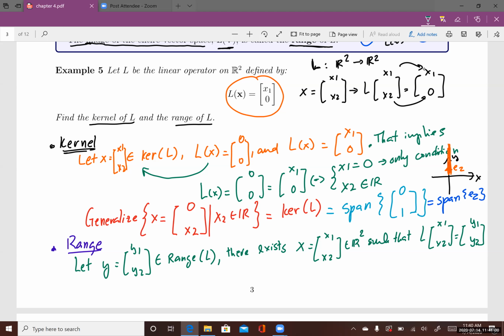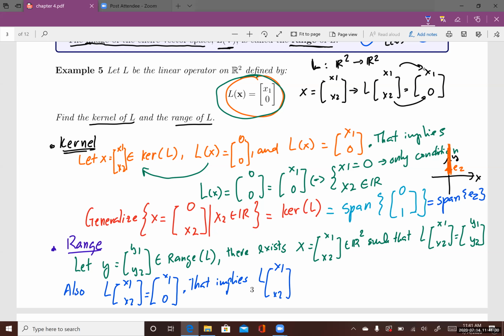And another thing that we know is we can always use the description of the map also. Lx equals x1, 0. That implies that L of x1, x2 equals y1, y2 equals x1, 0.